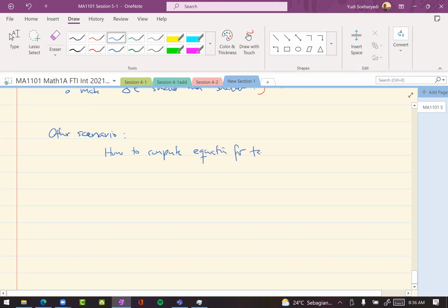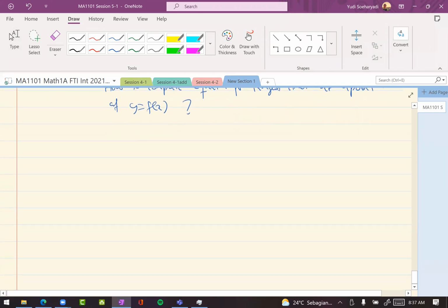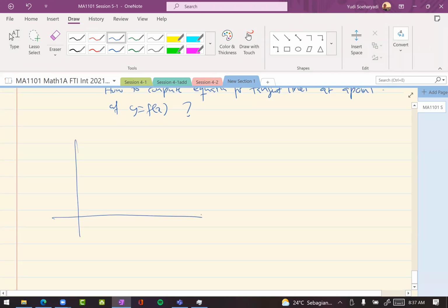The equation for a tangent line at a point of a graph. Okay, so that's the equation.